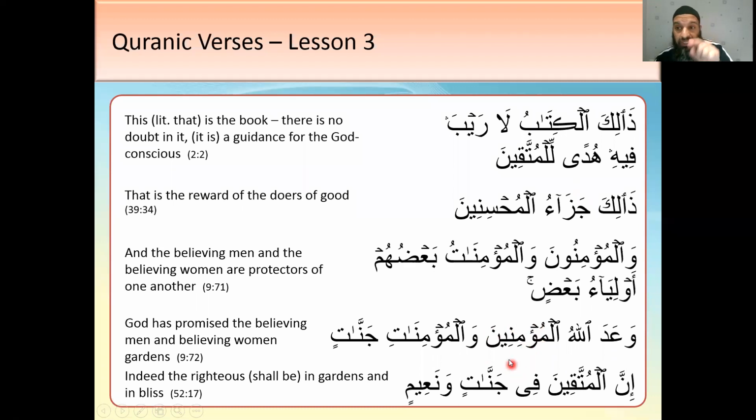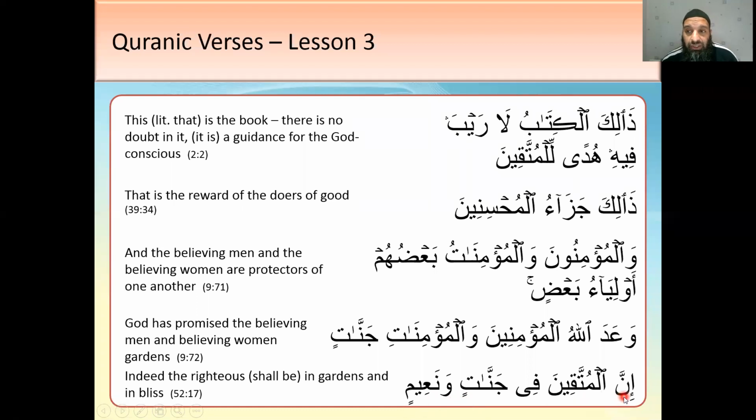The reason why we know it's believing men is because the believing women is next. So we know it's believing men and not just believers in general. So Allah promised the believing men, wal mu'minati, and the believing women, jannatin, gardens.